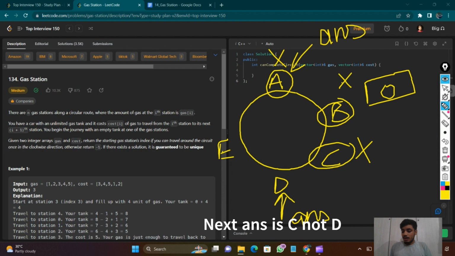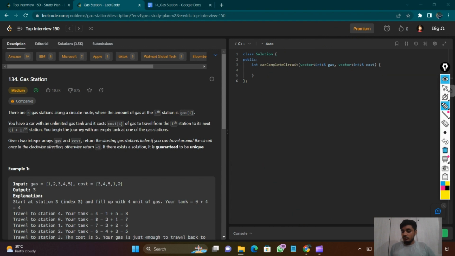Whenever we find out that we are not able to move to that index, that means all the gas stations before it are not possible starting points. So this is the approach which we are going to follow.